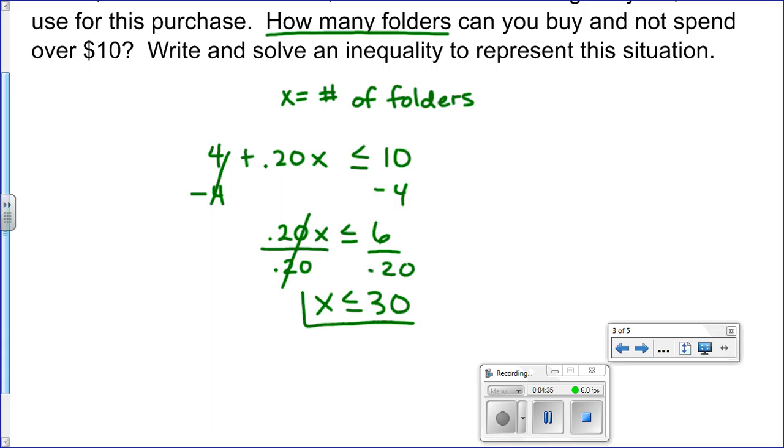So here's my solution, and then let's write it out. You can buy no more, or you could say less than or equal to, or up to 30.